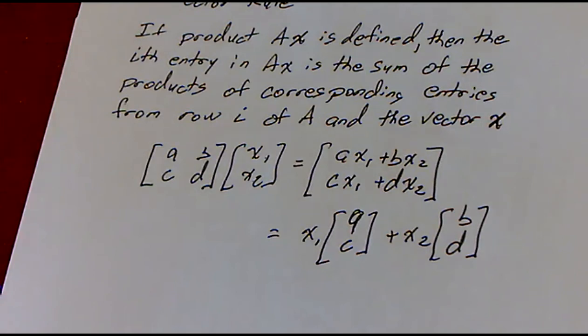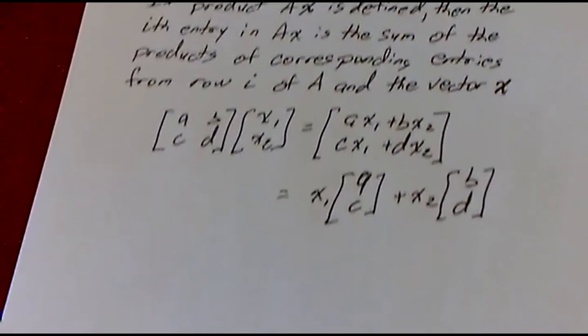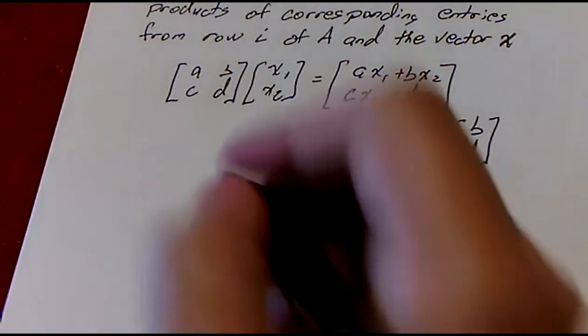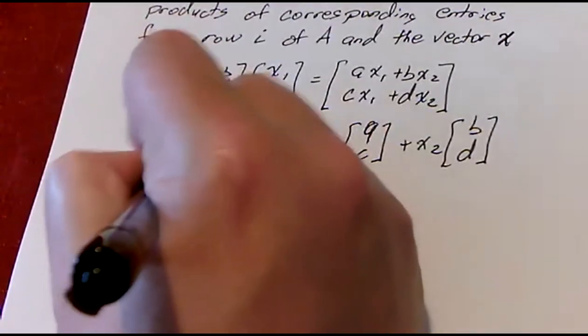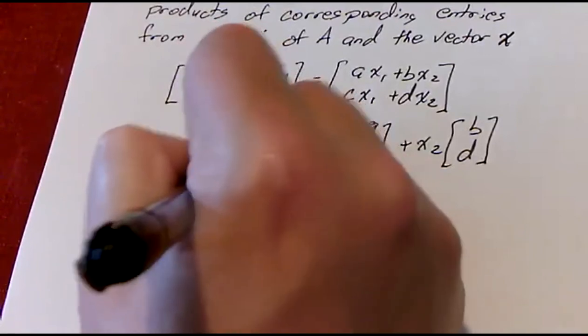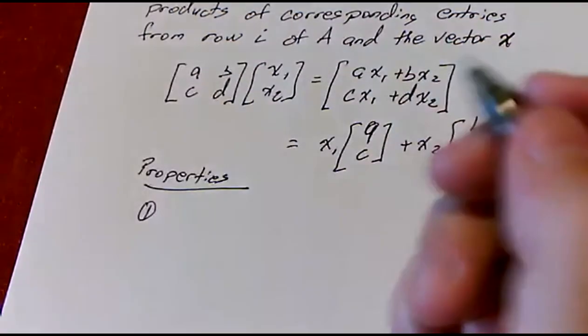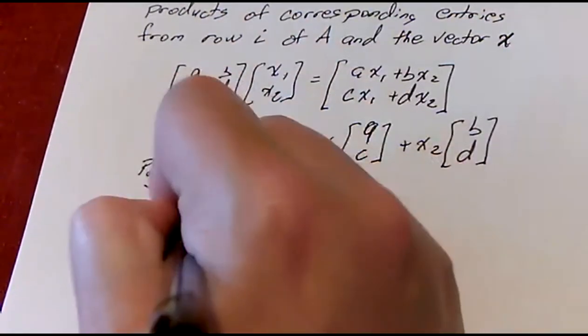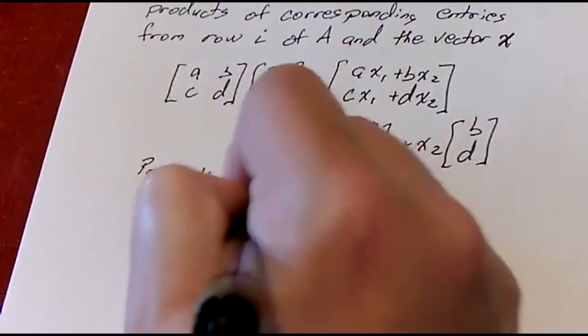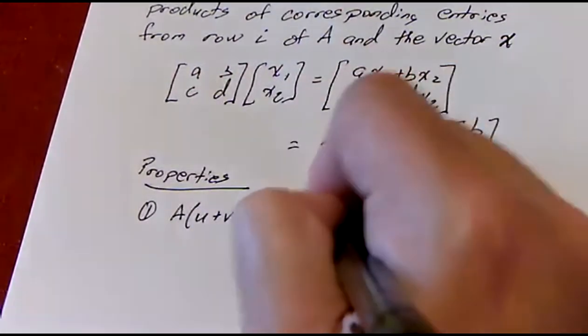Now we do have a couple of properties for matrix-vector multiplication. The first one is that we have distributivity. So if I have A times (U plus V), I can do AU plus AV.